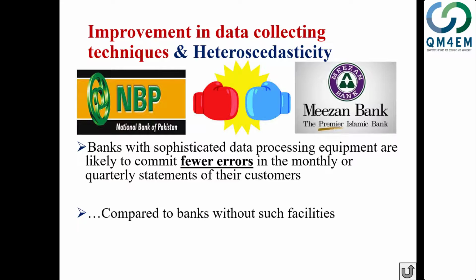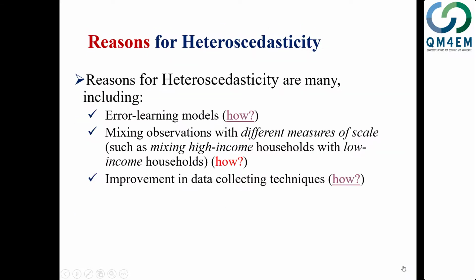So moving back to my original slide where I was discussing the reasons for heteroscedasticity, we looked into three kinds of reasons: modeling data that requires a model based on error learning models, then mixing of different kinds of observations with the built-in problem of heteroscedasticity or diversity, and then improved versus poor data collection techniques. Then you can think of the presence of outliers in your data.